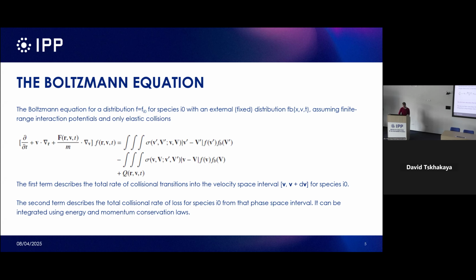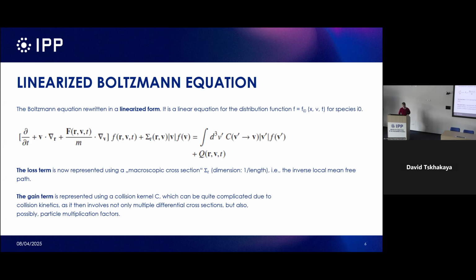The second term describes the loss from that interval, and it can be integrated using some energy and momentum conservation laws, and we can get a different form, a linearized Boltzmann equation, which is linear, so it only shows a distribution of the neutrals that we are trying to solve for.